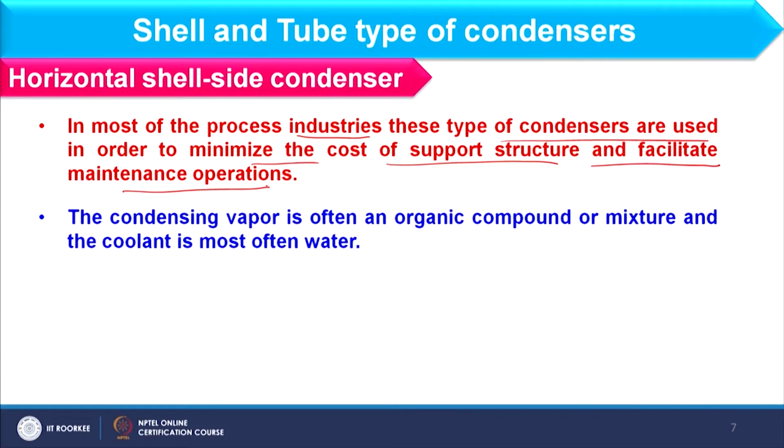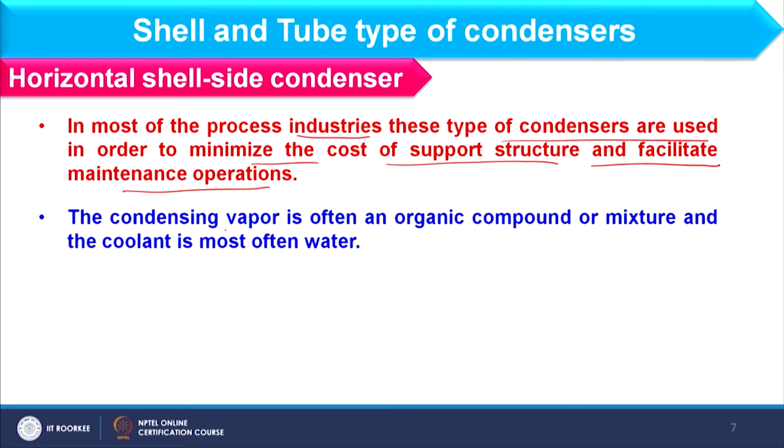So, you should keep in mind how you decide the placement of the condenser, it will depend on larger duty. If duty is small, you can place vertically, no problem. So, here we have the horizontal shell side condenser, and if I am saying shell side condenser, it means vapor should enter into the shell side and the cooling media should enter into the tube side.